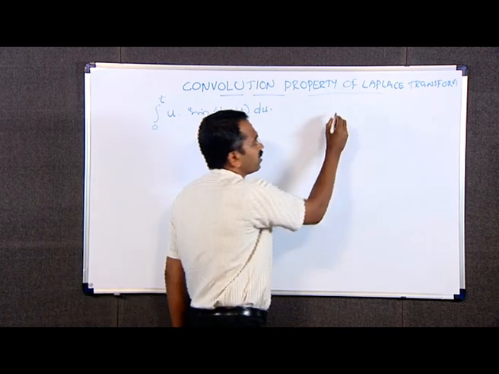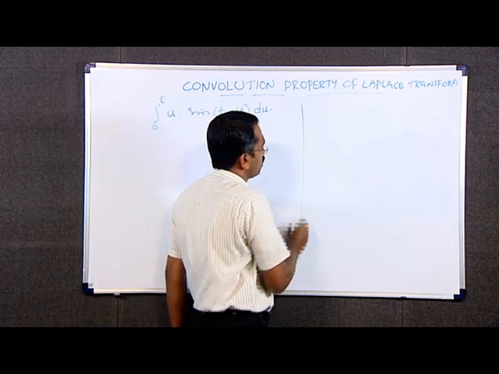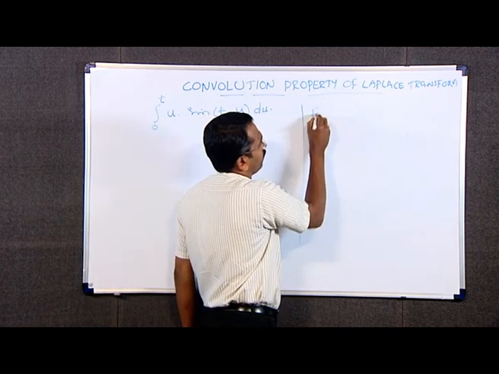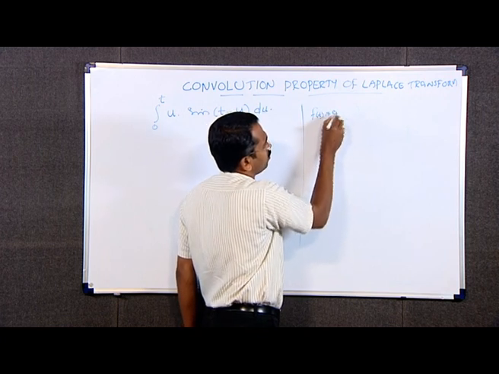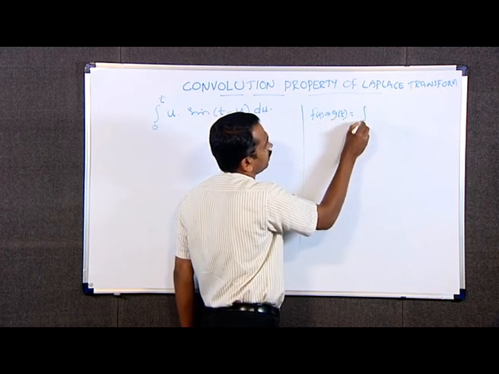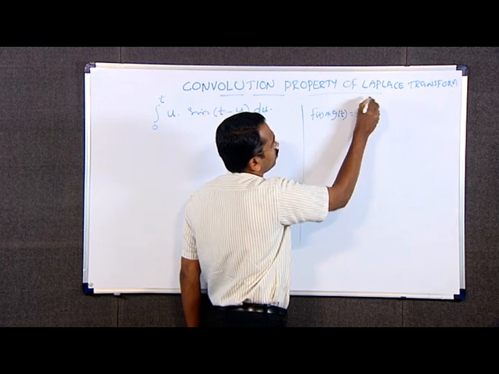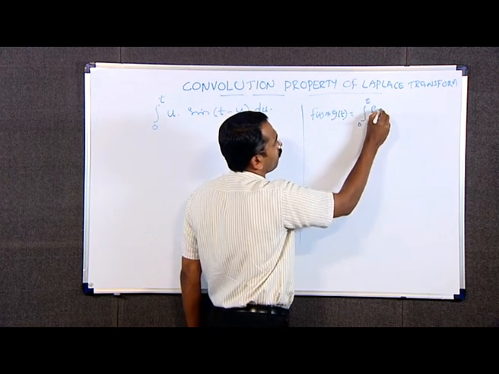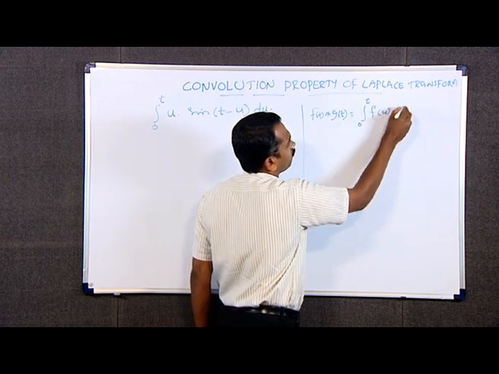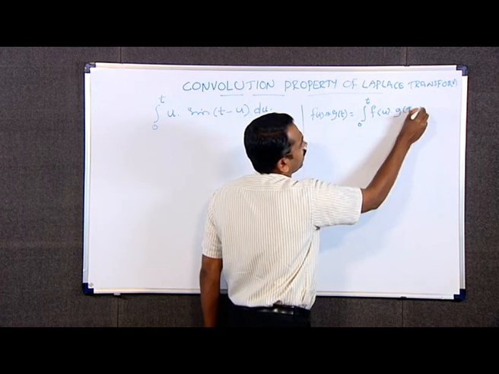We have the convolution. Definition of convolution is f of t star g of t is equal to integral from 0 to t f of u into g of t minus u du.